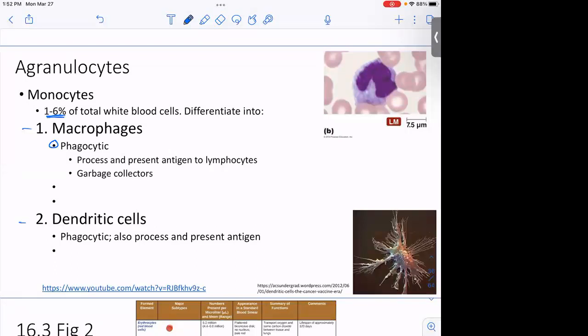When they phagocytize an antigen, they are going to process and present antigen. Now, I know I didn't define antigen yet. We're going to get to that. It's the parts of pathogens that our immune system recognizes. They're going to chew that up and present part of it on the outside. Here's a macrophage.